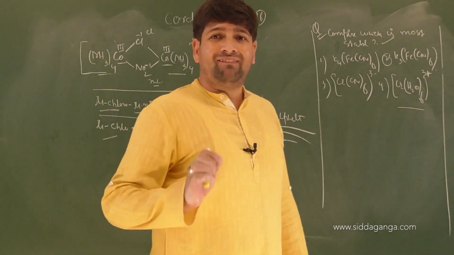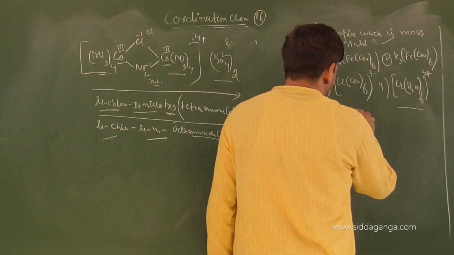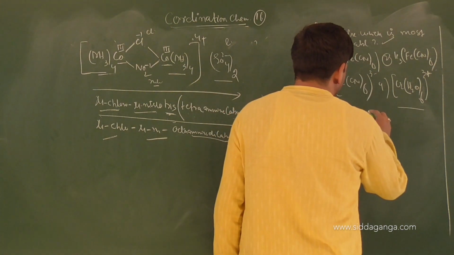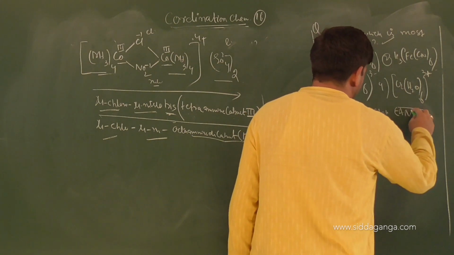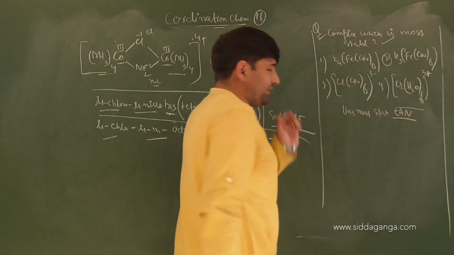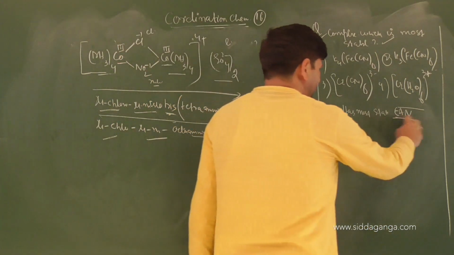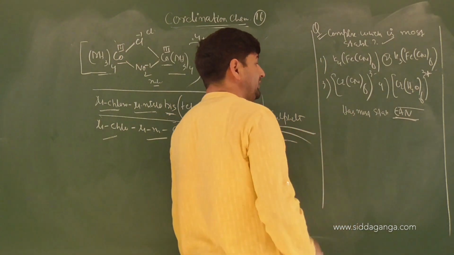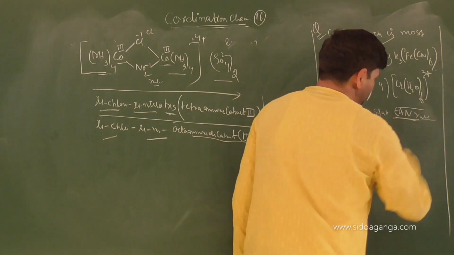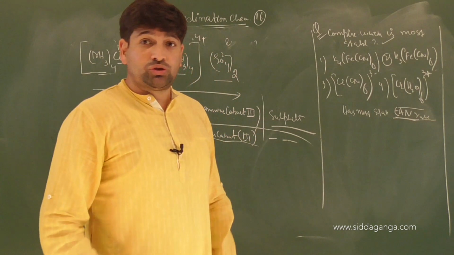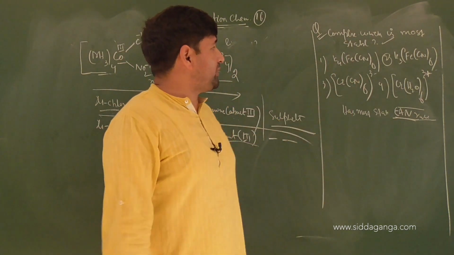Out of the following, find out which has most stable EAN. What is EAN? Effective atomic number, or which follows the effective atomic number rule. So we need to find which of the following is closest to the effective atomic number rule.